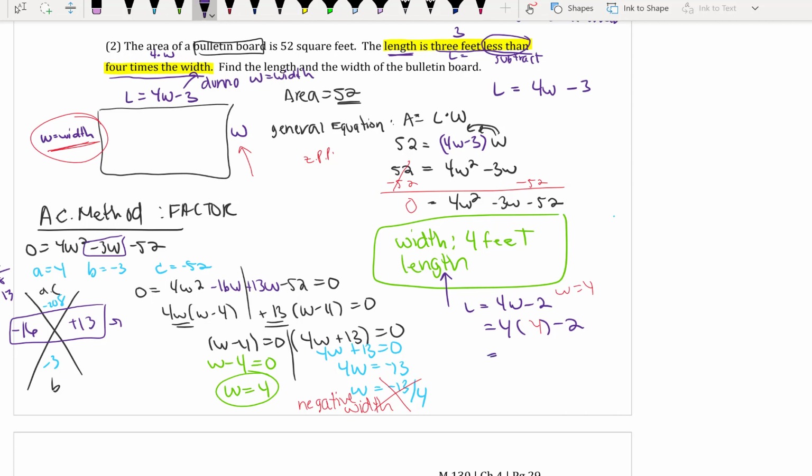So now I have that my length is going to be 4 times 4, which is 16, minus 2, which is 14. So I have my width of 4 feet and my length of 14 feet for this bulletin board. And here, I guess, you really need to know that the bulletin board has the shape of a rectangle, okay? And that's how I was able to do this problem.